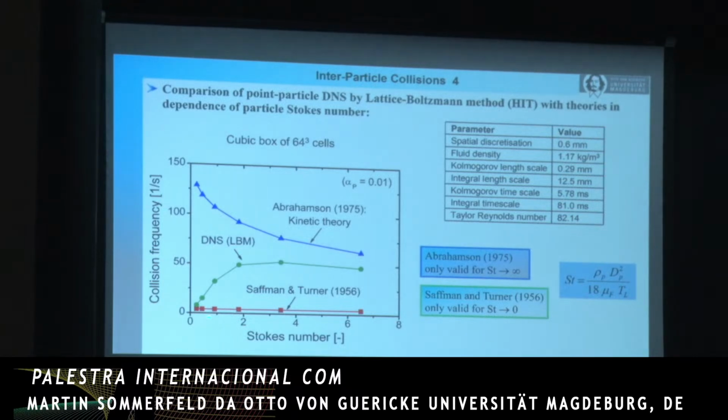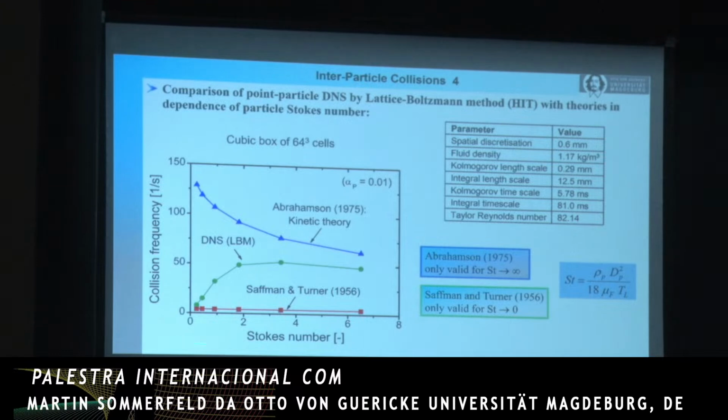So the reality is somewhere here, and this is again an LBM simulation my student has done many years ago. In this case, not a DNS, not a resolved simulation, but a point particle approach. That is Boltzmann combined with a point particle approach. And the result is this one, which is in between, accounting for the correlation between partially responsive particles.